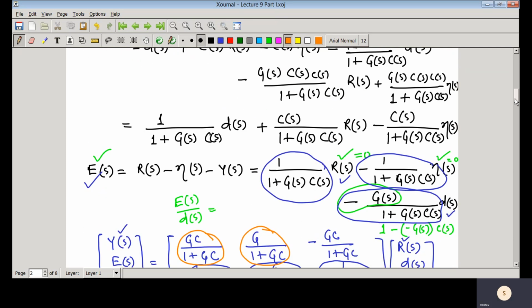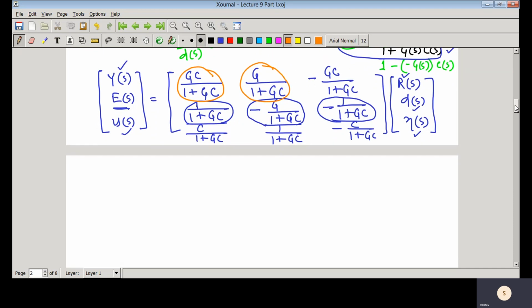Now we are going to start a new topic, that is signal flow graph. Signal flow graph is a simplified version of block diagram. It was introduced by S.J. Mason, and it is a cause-effect representation of linear systems modeled by algebraic equations.